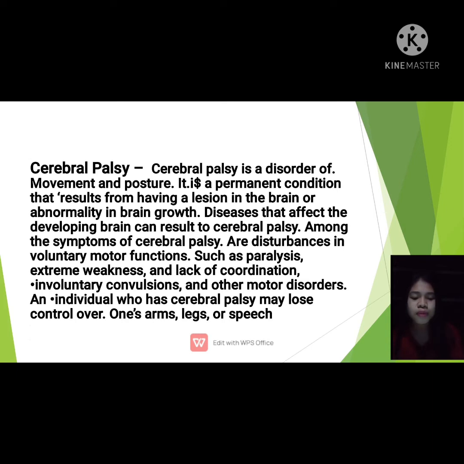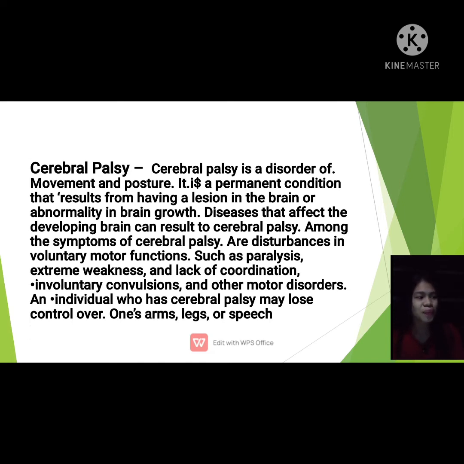Among the symptoms of cerebral palsy are disturbances in voluntary motor functions such as paralysis, extreme weaknesses, and lack of coordination. Involuntary convulsions and other motor disorders, an individual who has cerebral palsy may lose control over one's arms, legs, or speech.